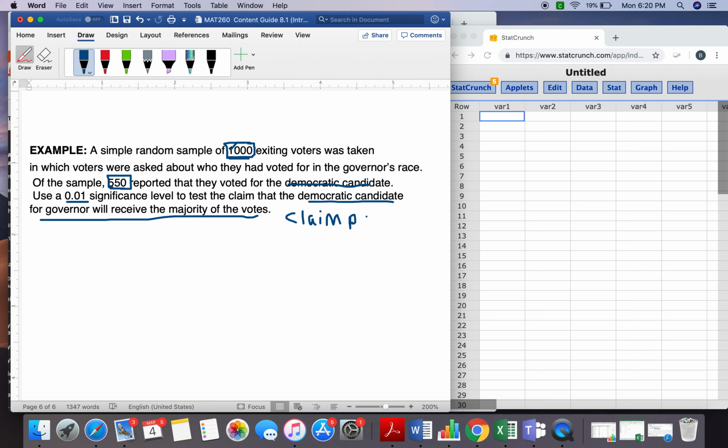So the majority of the votes is going to be anything above 50%. So if you have more than 50% of the votes, you will have the majority. So our null is p equals 0.5, and our alternative, we want to see if they got more than that.